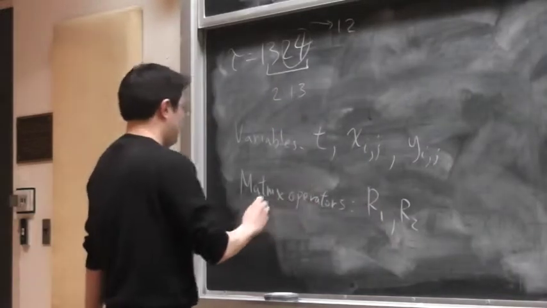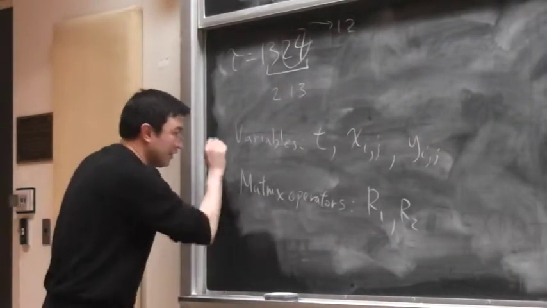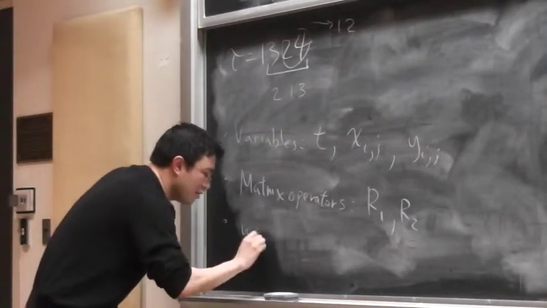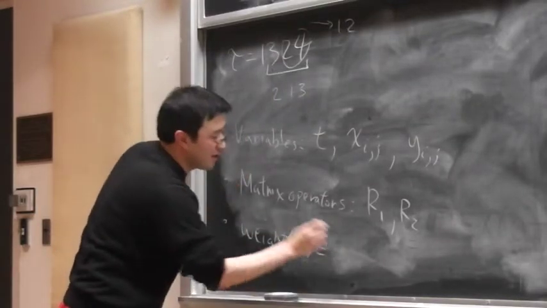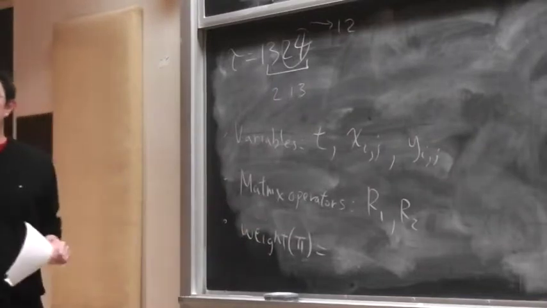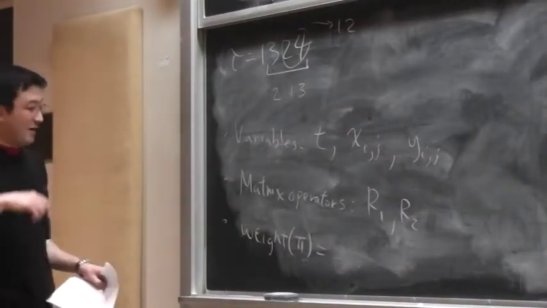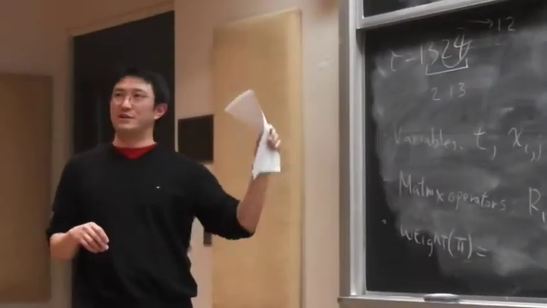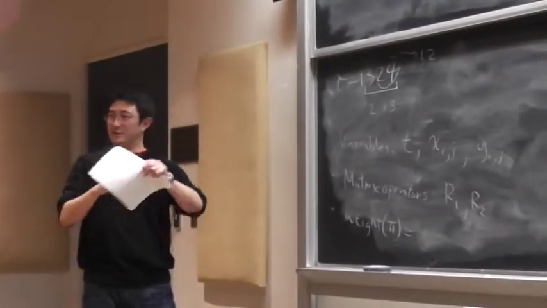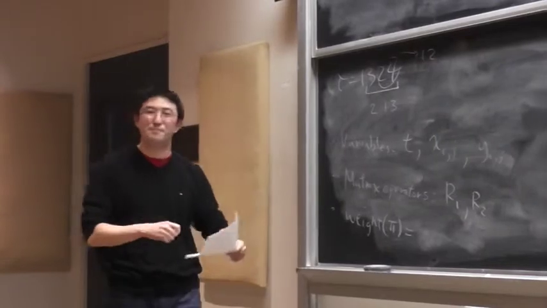I should note that we need a weight function, and the weight function here, at least for me, was very non-trivial to find. The weight functions I tried just didn't work. I couldn't get a nice functional equation for a very long time.